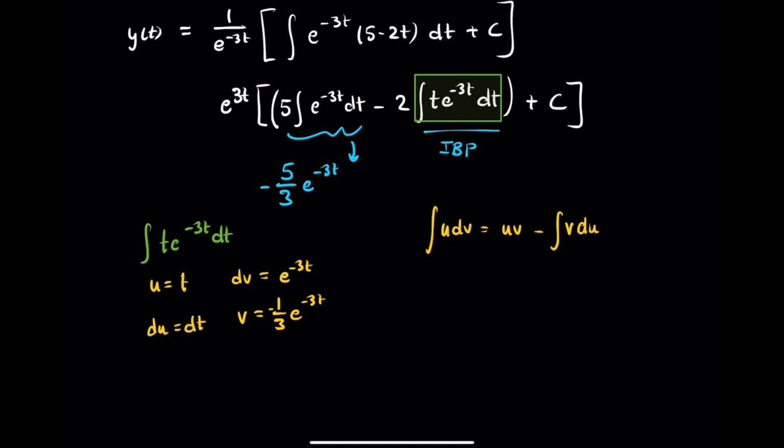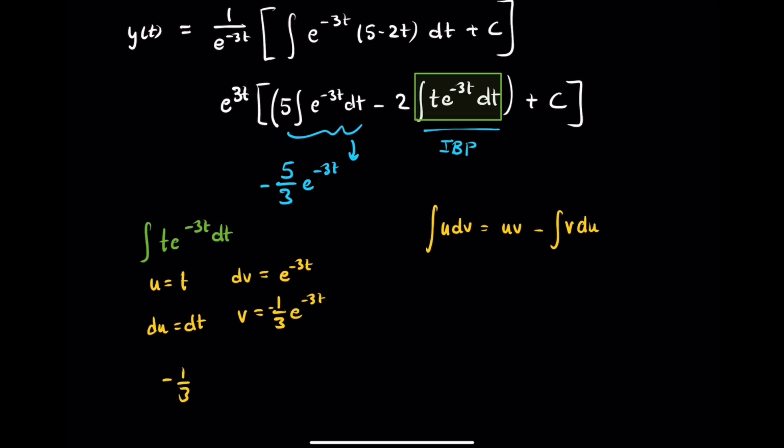So uv is minus 1/3 t e to the minus 3t, minus the integral of v du, which gives plus minus 1/9 e to the minus 3t. So that's your integral, which is good.